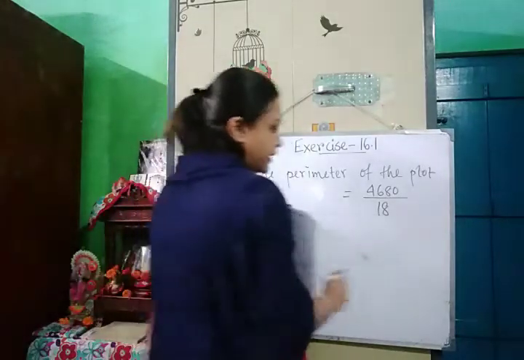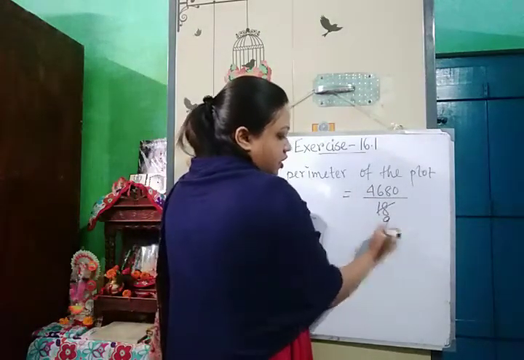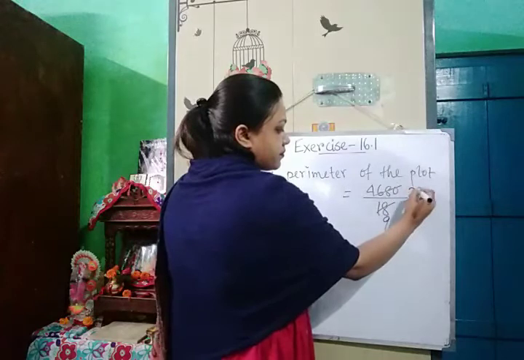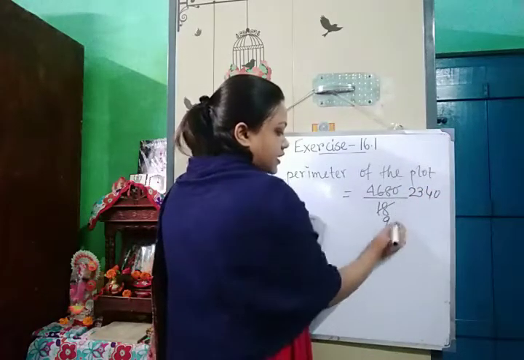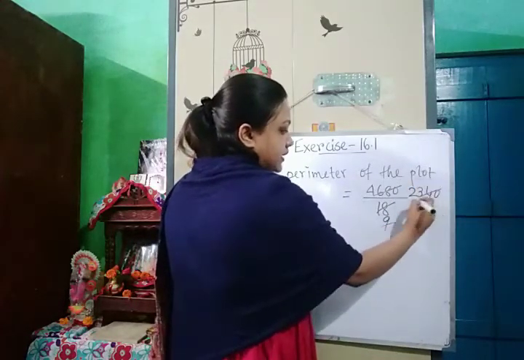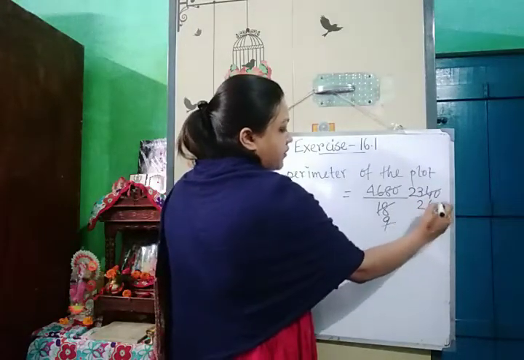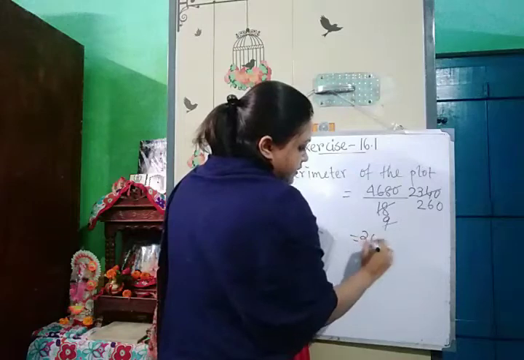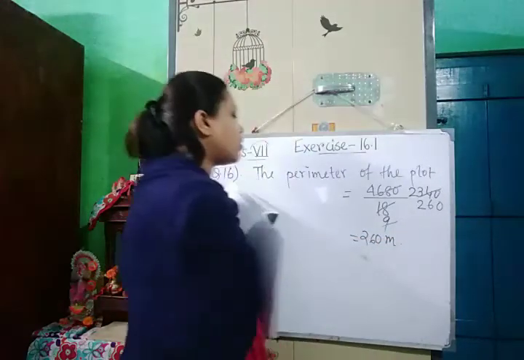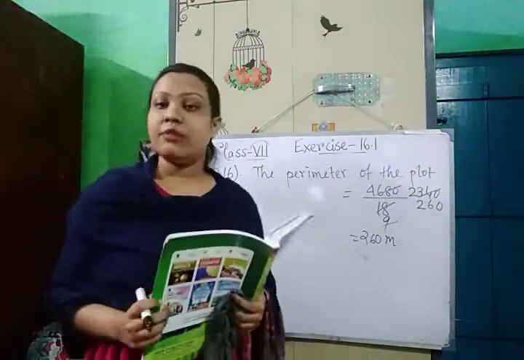So divided by 18. Now we will do cancellation. 2 9s are 18. Okay. 9 2s are 18. Here I am writing 9 2s are 18. 5 4 9 6 are 54 0. So 260 meter is the perimeter of the plot.